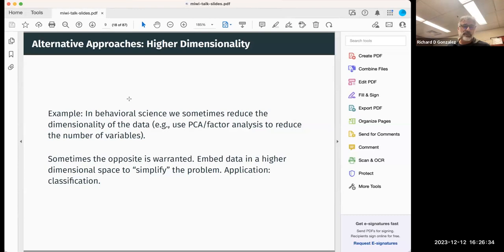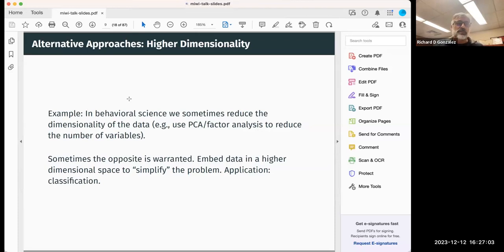And instead of working with the 10 original items, I can reduce the dimensionality. In fact, regression can be thought of as reducing the dimensionality. You have lots of predictors and you're trying to find out which predictors are significant and not. And so you're reducing the dimensionality of which predictors you should continue to consider in your work.